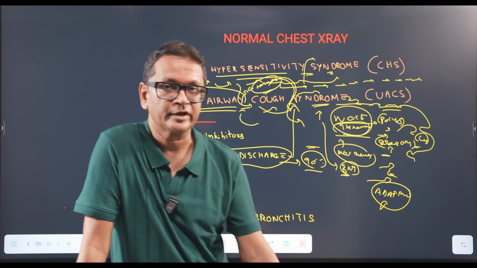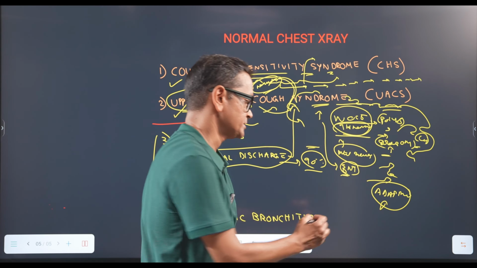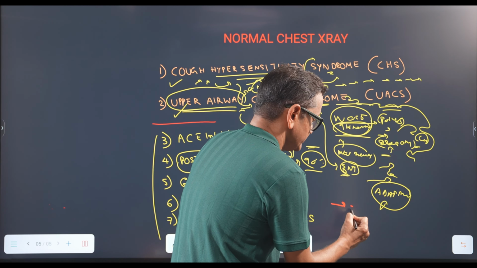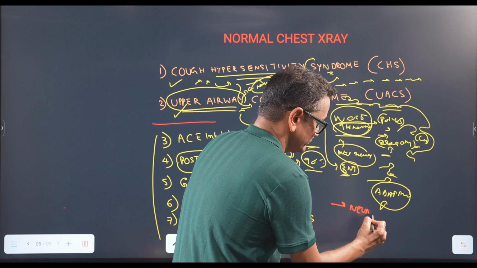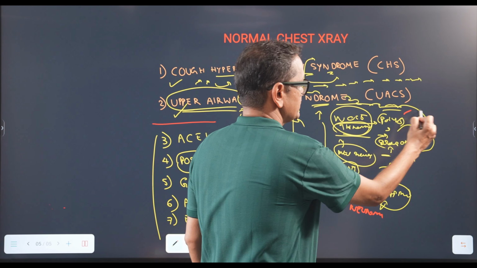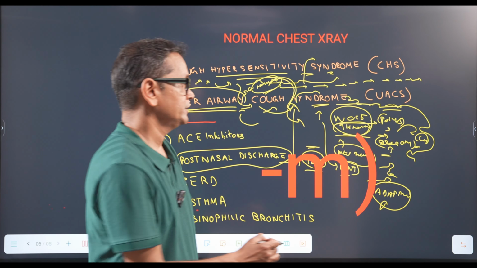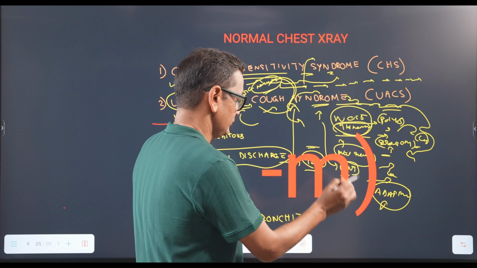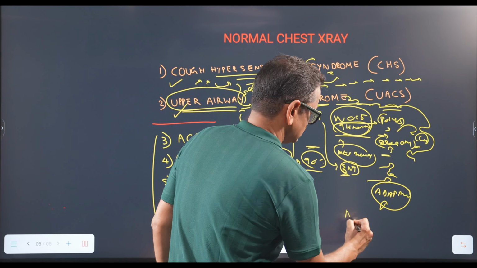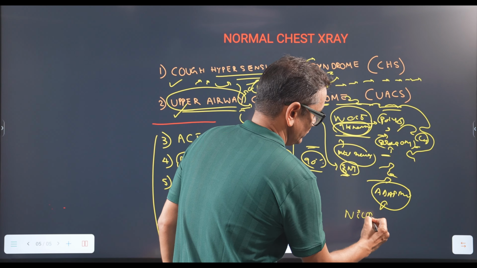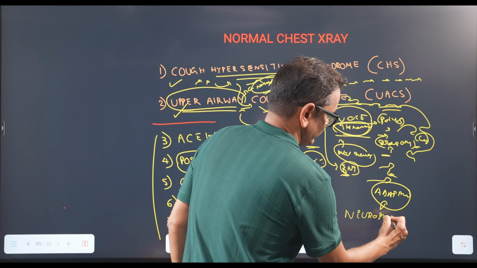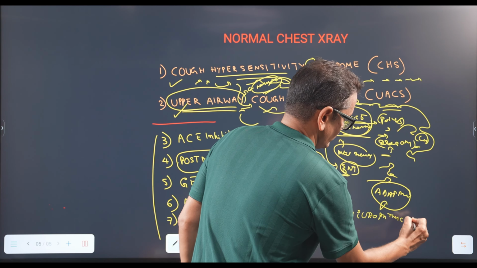So in the absence of trigger, if the abnormal sensation exists, just like neuropathic pain, here also the patient will have chronic cough, taking analogies. So we can call it as neuropathic cough.